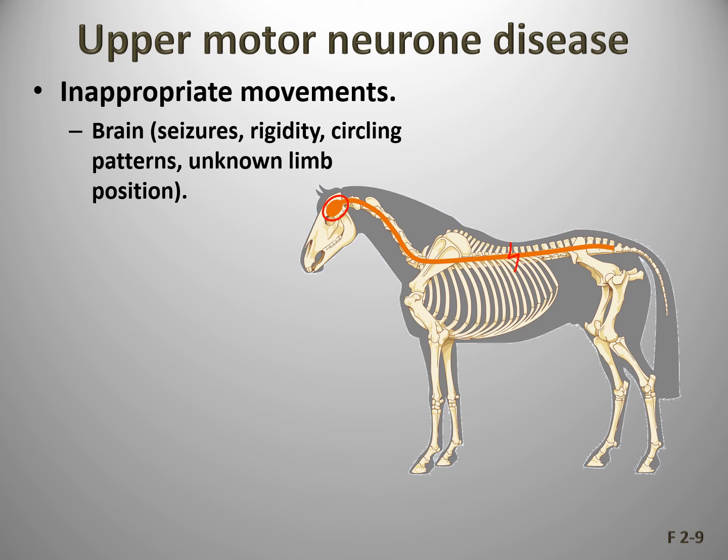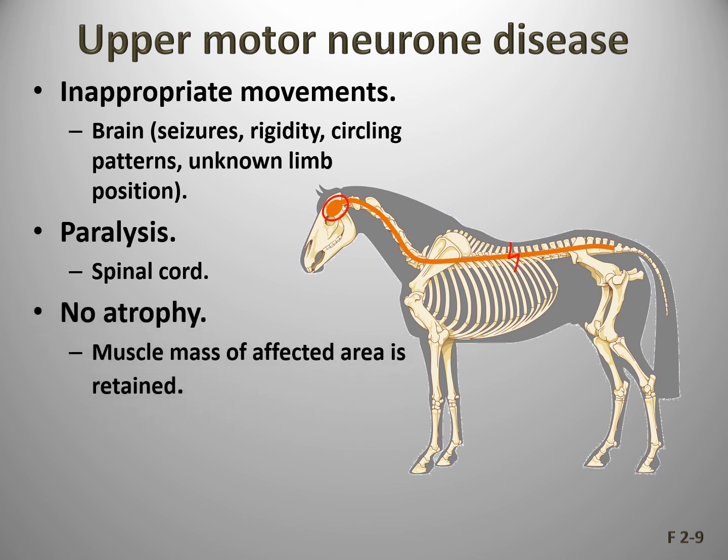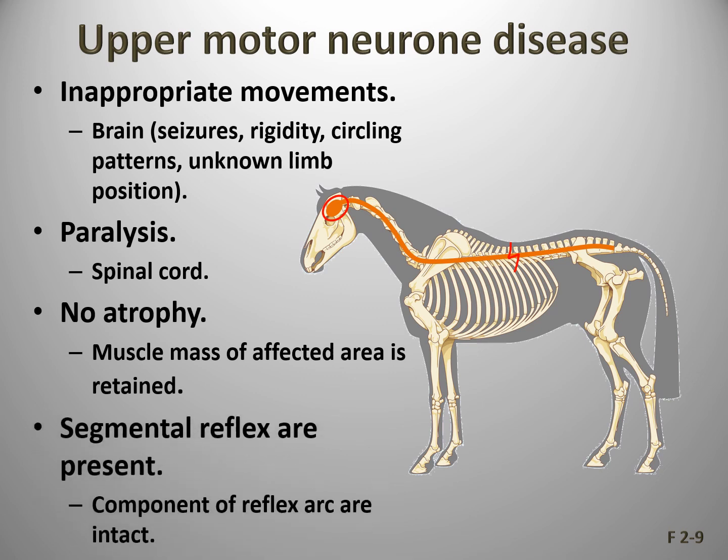Now, if damage occurs somewhere in the spinal cord, the areas distal or caudal to the damage will show some type of paralysis. In all cases, the muscle mass of the animal will be retained, so there is no atrophy in response to upper motor neuron disease, and that's one of the clinical signs that this is upper motor neuron disease.